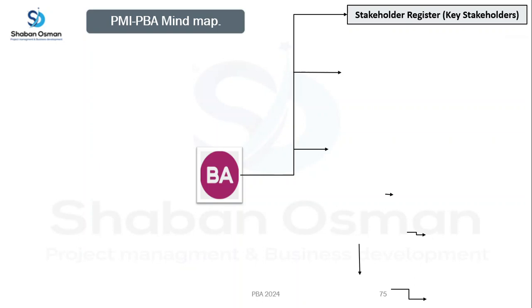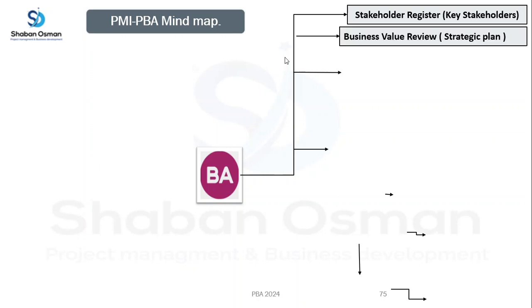So the first step again is to prepare a stakeholder register, which will include the key stakeholders and the main information about them.